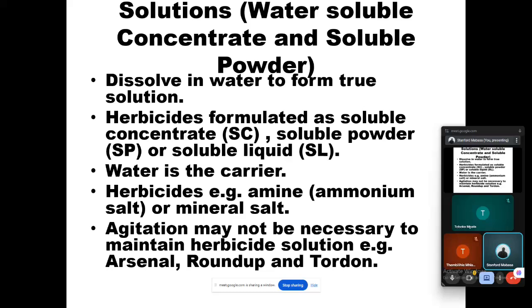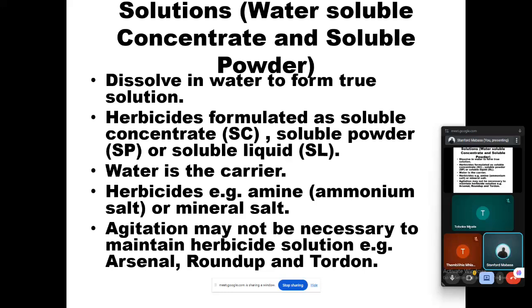For example, herbicides may be formulated as soluble concentrate SC, soluble powder SP, or a soluble liquid SL. Water is the carrier.